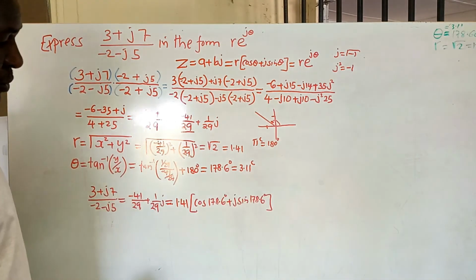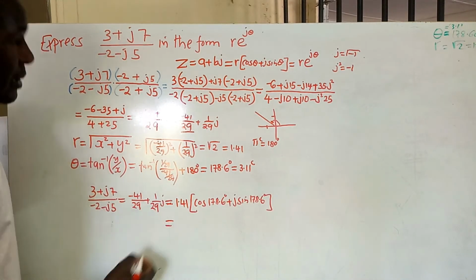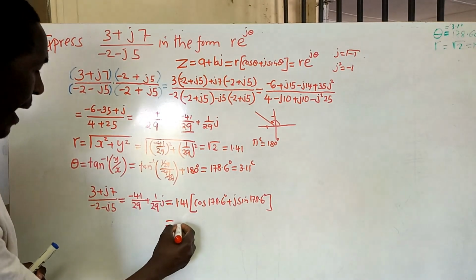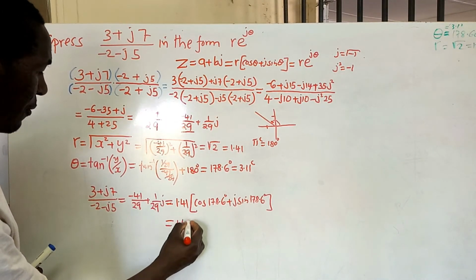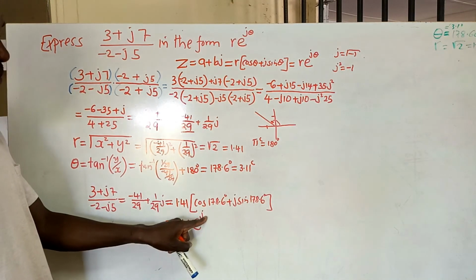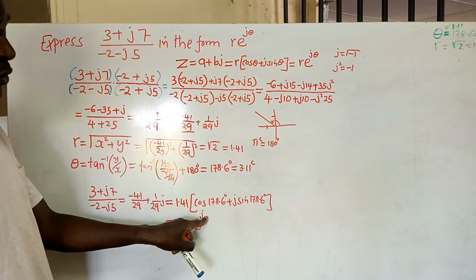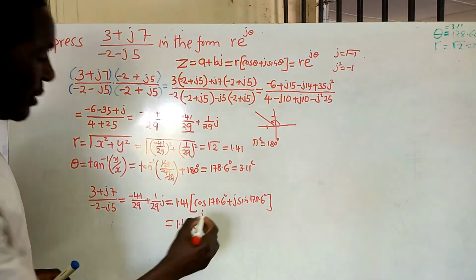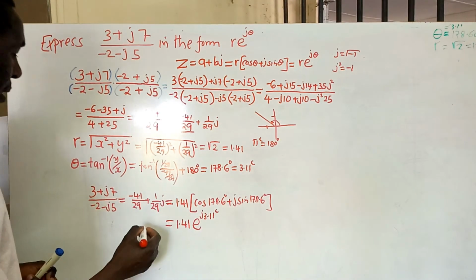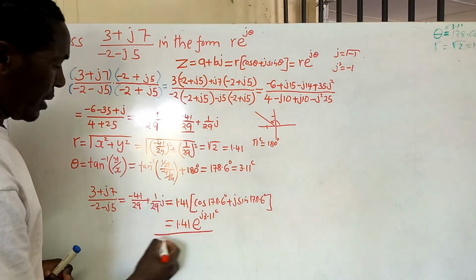We are not asked to do that, but we are requested to write it in exponential form, where r is 1.41 exponential j. And we say you must write your argument in radians. So this is 3.11 radians. That is our answer to that question.